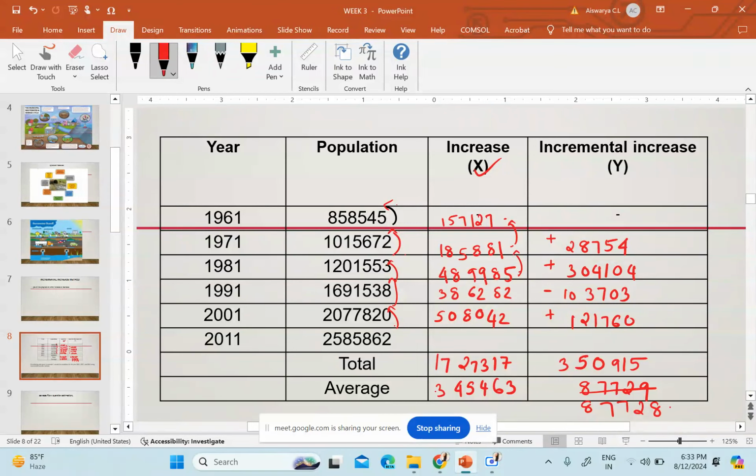Yeah, you just rounded it, so you can take it as 8. Yes, so there is a decrease here. Yes, tell me.